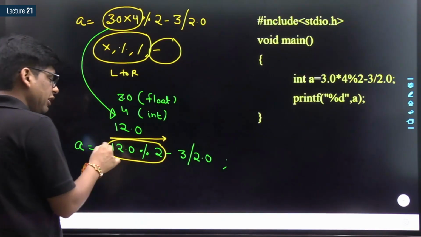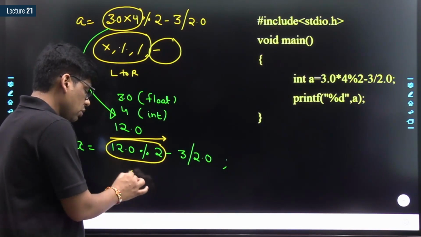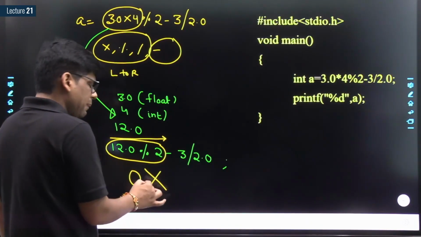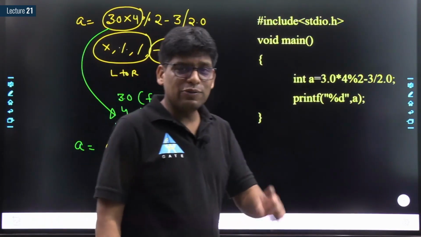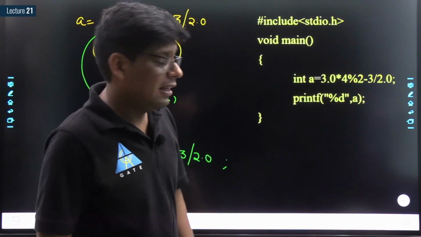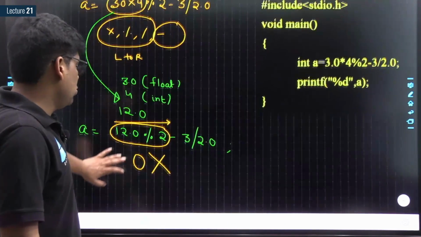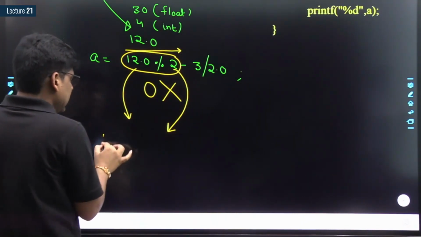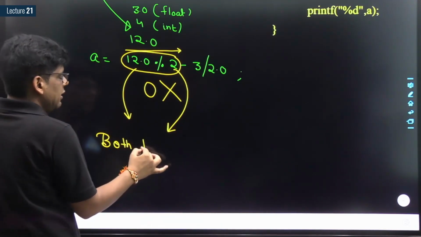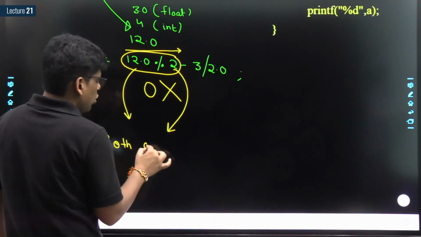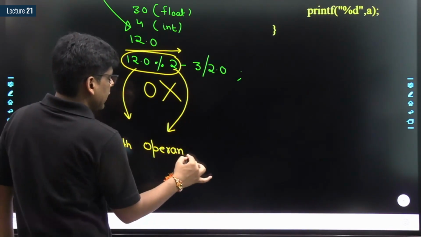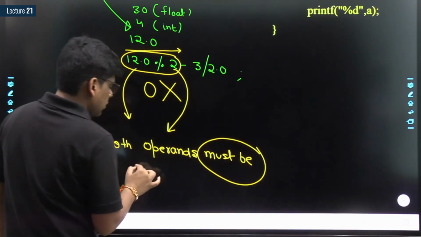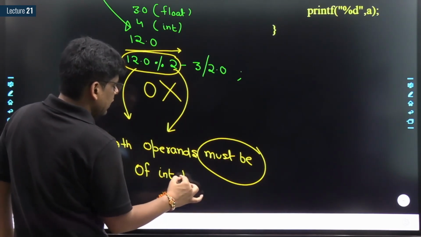So, what is the remainder when 12.0 is divided by 2? Is it 0? Pause the video and think for a moment. Sir, it is not 0. The compiler is going to slap you. Why? Sir, Pankaj sir told us that both operands for the modulo operator must be of integer type.